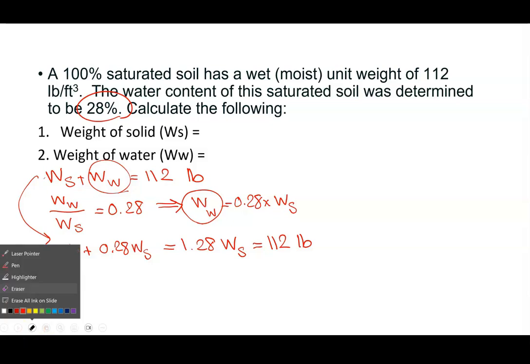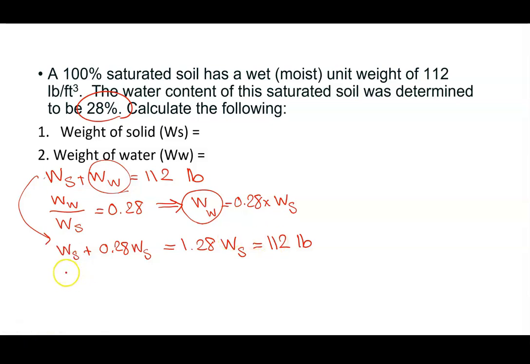Now we can solve for weight of solids. That's equal to 112 divided by 1.28, which gives us 87.5 pounds.